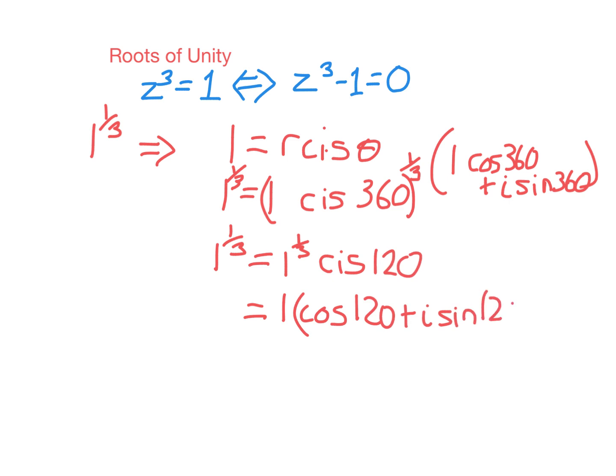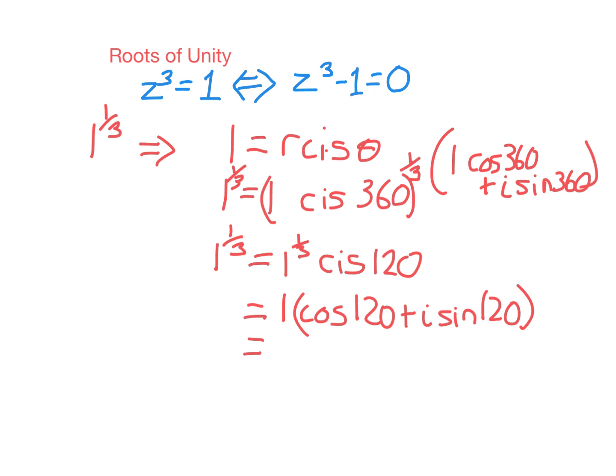Now it turns out that's our second root, but there's a third root, and they're always equally spaced in the Argand plane. So we've got one that's 1 cis 360. We already knew that. That's just 1. We've got one that's 1 cis 120. The other one will be where the angle is halfway between these two.